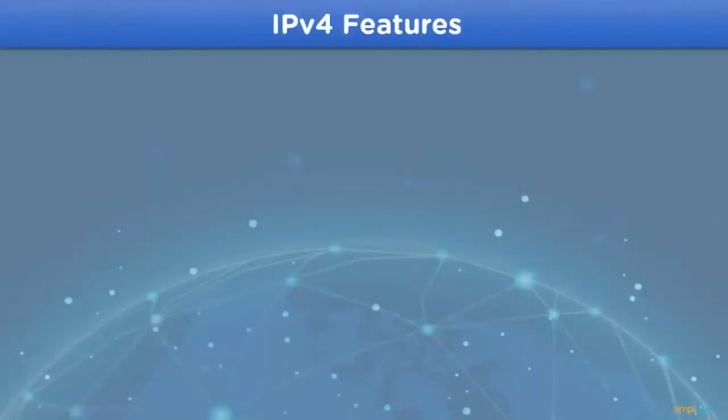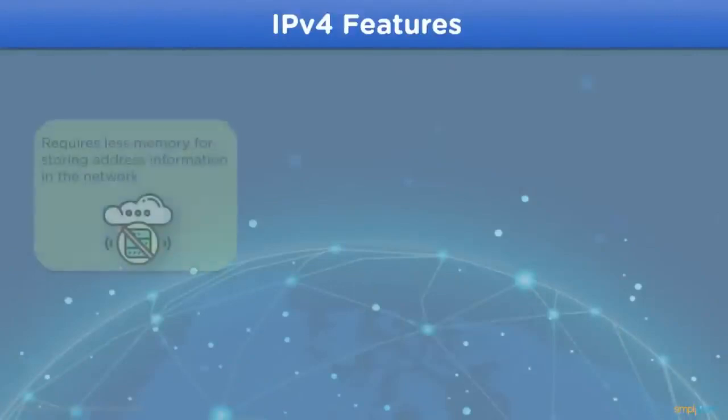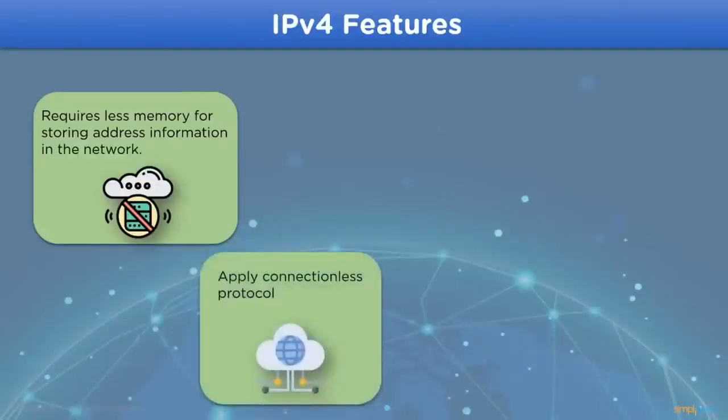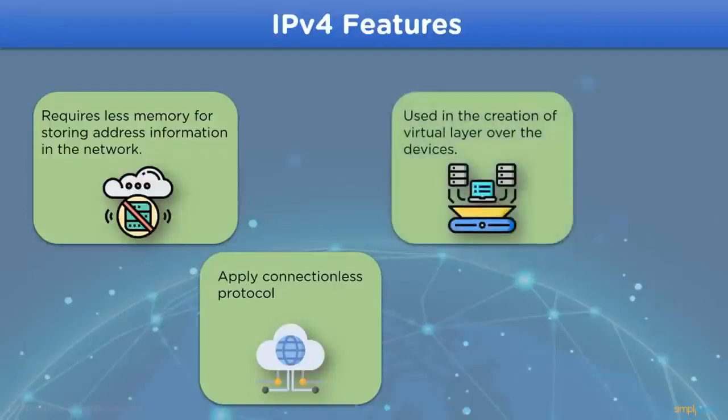Moving on, let's take a look at some of the features of IPv4 addresses, where the first is that the memory required for storing IPv4 addresses in a system is very low. Then we have that IPv4 addresses apply a connectionless protocol for sharing data and providing best effort delivery. Moving on, we have the stacking option for IPv4 addresses.